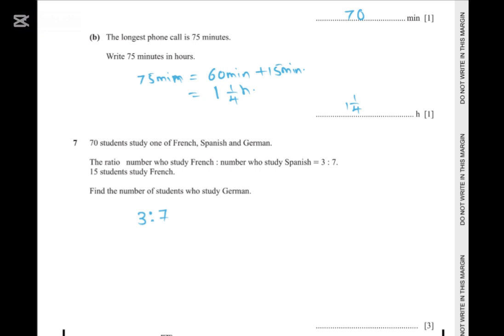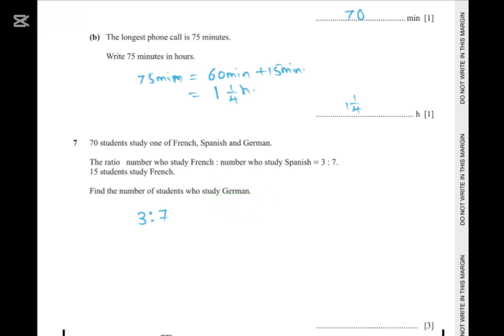Now we need to find the students who study German. First we need to find how many students study Spanish using this ratio and this number. Then after you get that number, you subtract the total of Spanish and French from the total number, and you will get the number of students who study German.